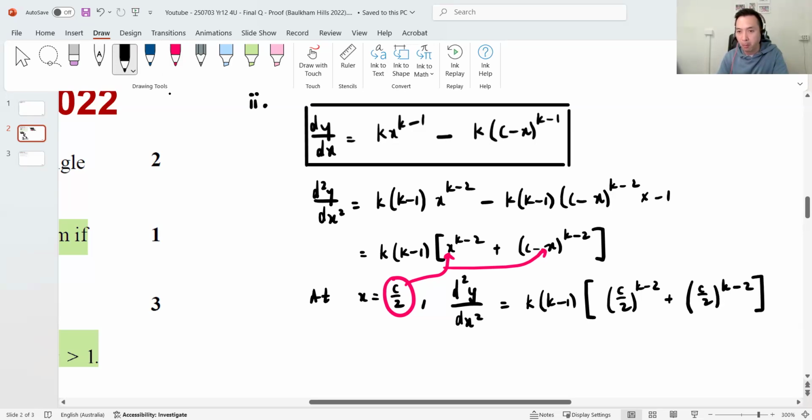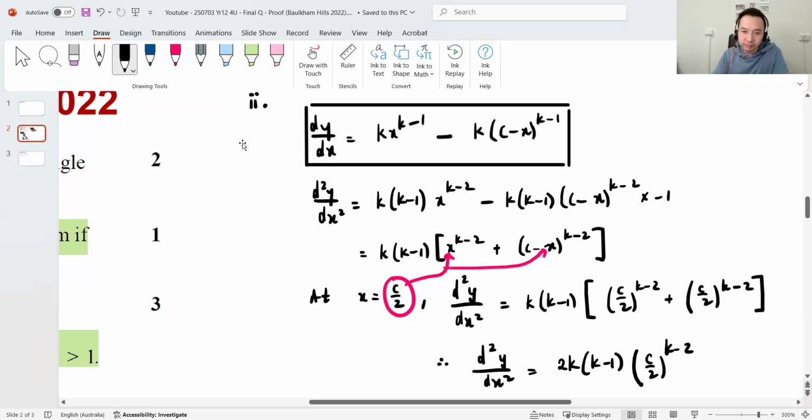So there's two of them. So therefore, my second derivative is equal to 2 of these. So bring out the 2, k minus 1 times c on 2 to the k minus 2.